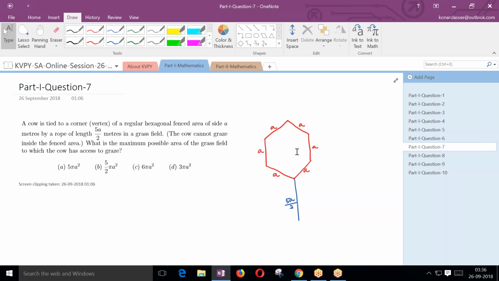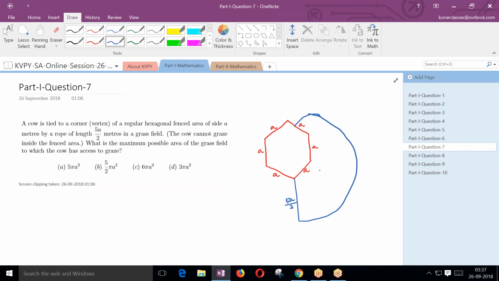Then where can it graze? It can graze in any of this path. But how much it can go, that also you need to find. It may go like this, and similarly in that path also it can go something like this. So we need to find out any one of these areas.